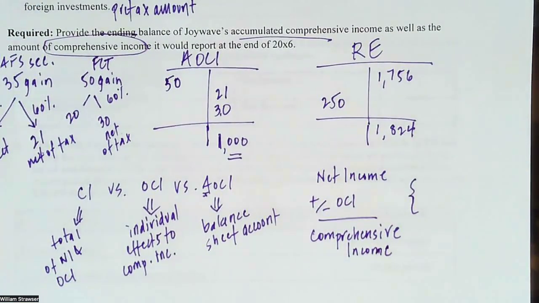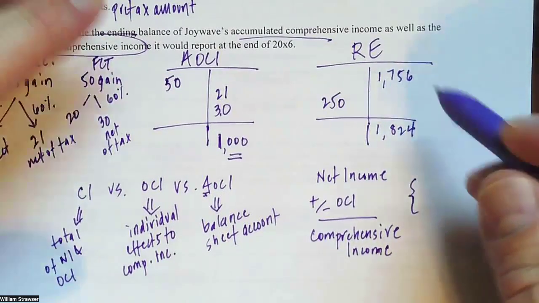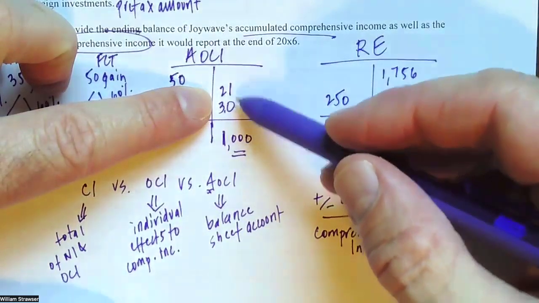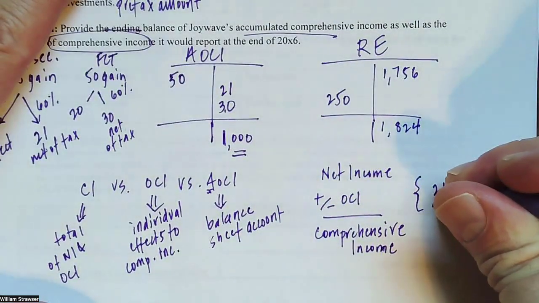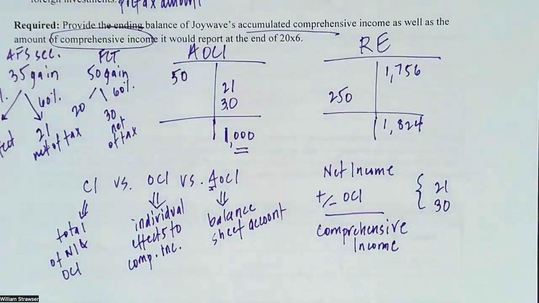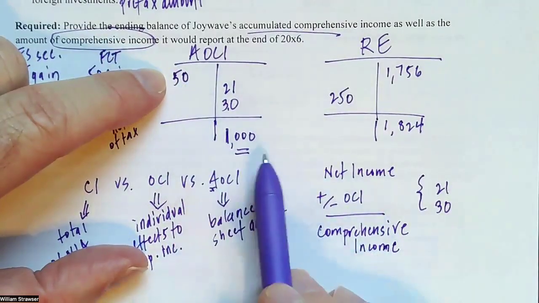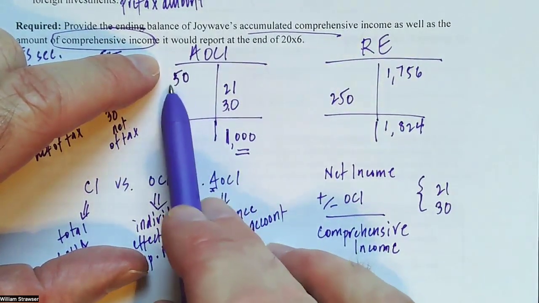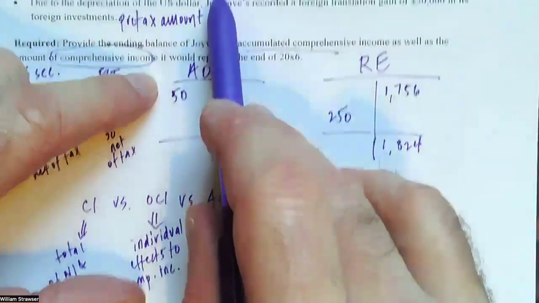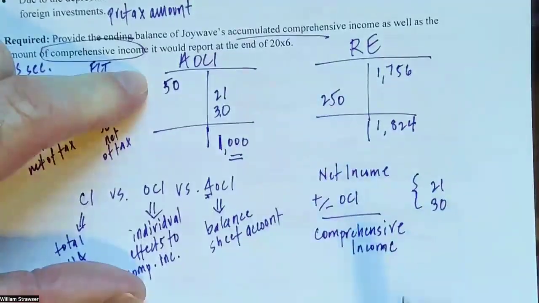Like we have net income for the year, or comprehensive income for the year. These are the things that happen during this year. So the 21 and the 30 go in here because these are our individual gains and losses that occurred during the year. The 50 and the 1 do not, because the 50 is an accumulation of a whole bunch of things that happened years and years and years before.